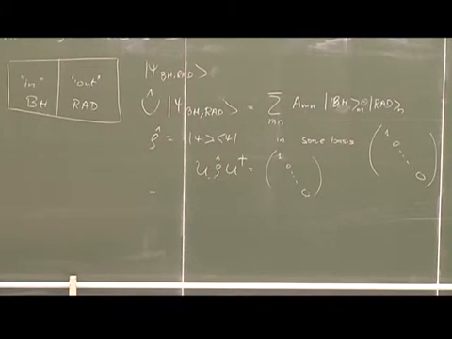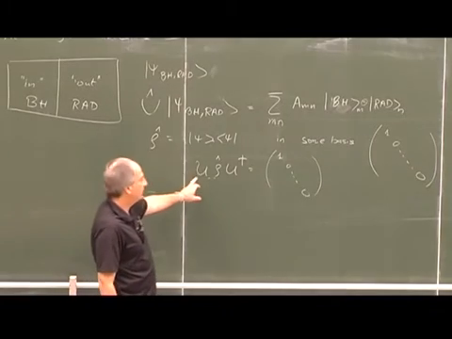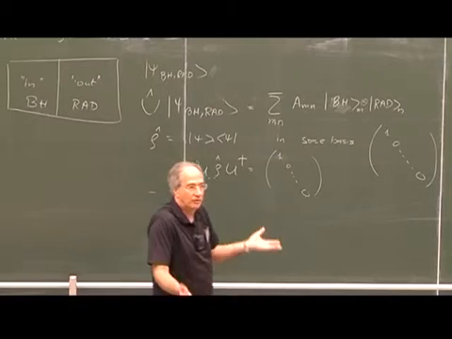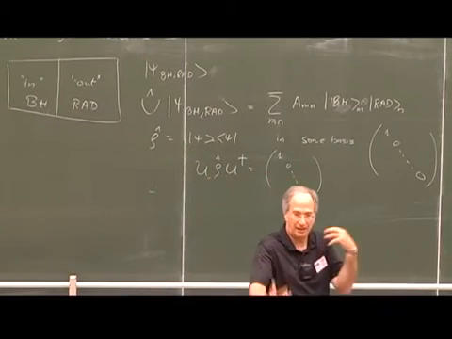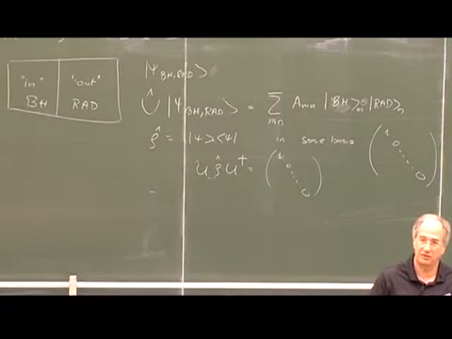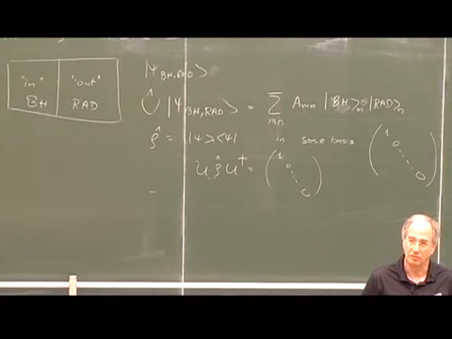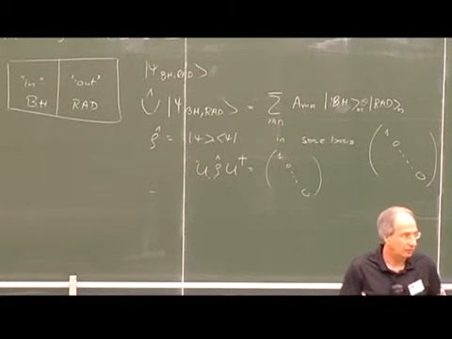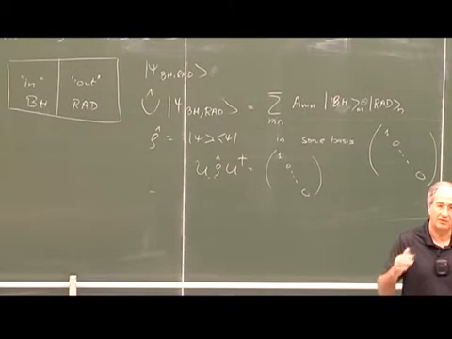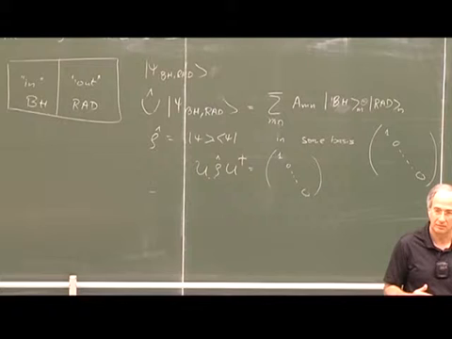The idea that Page had was to treat this matrix statistically. So he said, we don't know what this matrix is. The evolution that propagates, that evolves the wave function is very complicated. Let's try to treat this unitary matrix as a random unitary matrix and discuss its statistical properties.